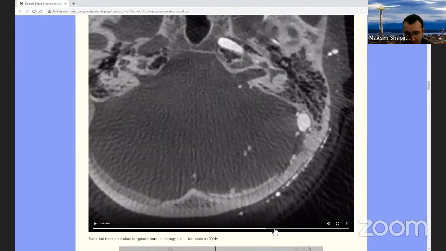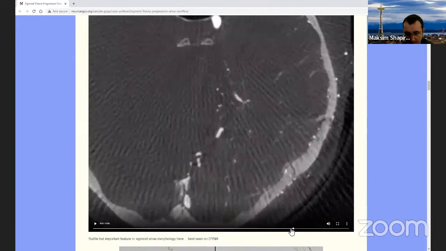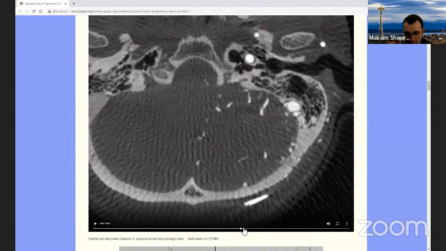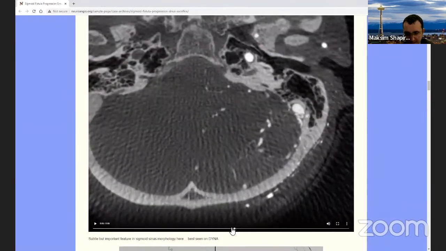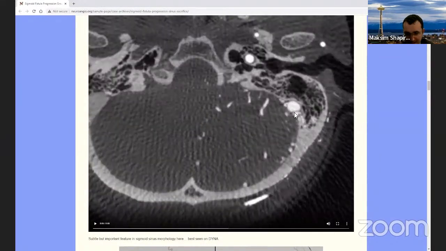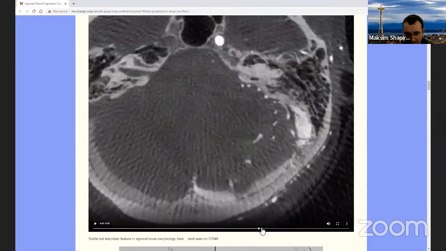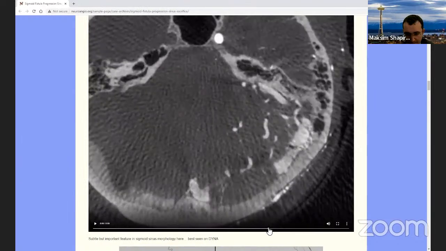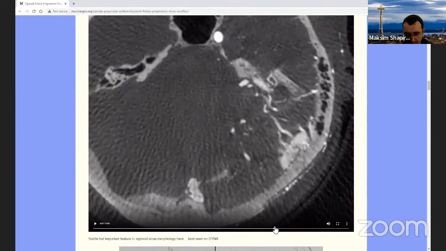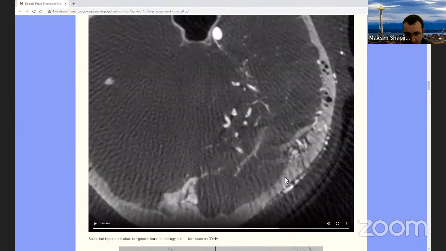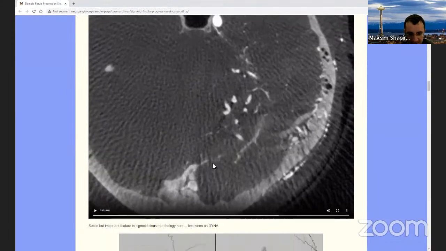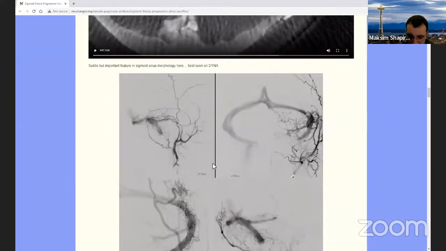Let me see if I can find it. By the way, here's the channel. Look at that. You see that right there? This here is the junction with the tentorial sinus. Doesn't project very well, unfortunately.